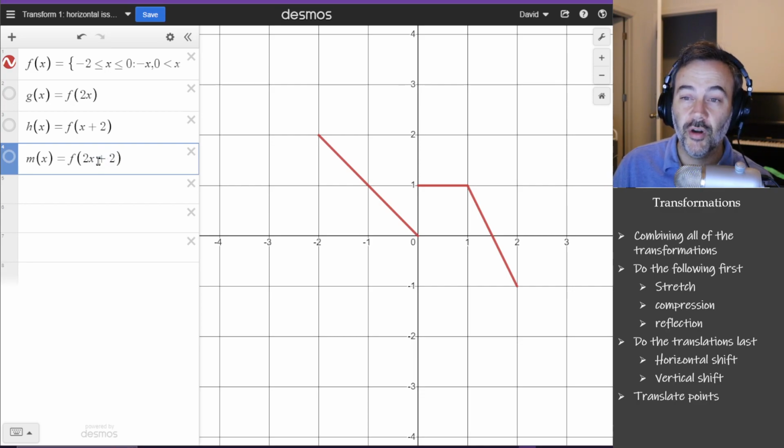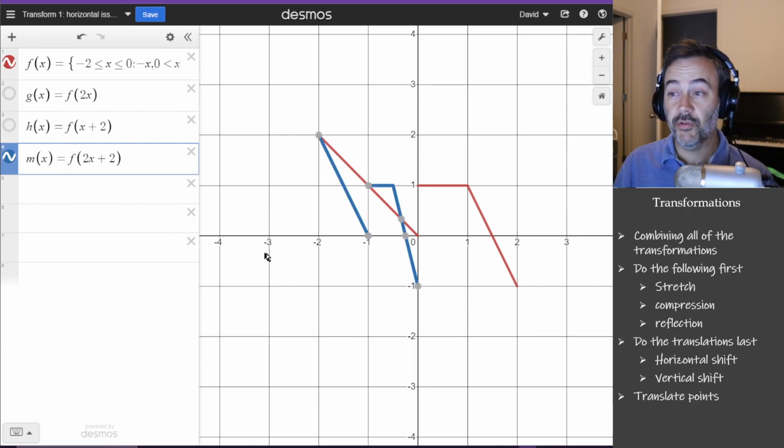Your first guess would be that this is going to compress the graph horizontally by a factor of 2, or multiply by 1/2. And that's correct. And this looks like it would be a left transformation by 2, but it turns out it is not.